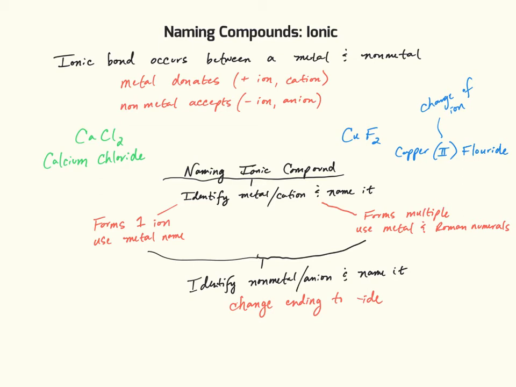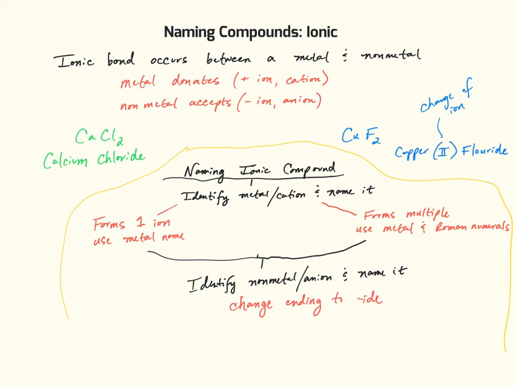Okay, so this down here, this is a flow chart to help you out in terms of how to name ionic compounds. First, identify that metal and name it. If it only forms one ion, you simply use the metal name. If it forms multiple ions, you need to be sure you can figure out what the charge needs to be of that ion, and then denote that with a Roman numeral.